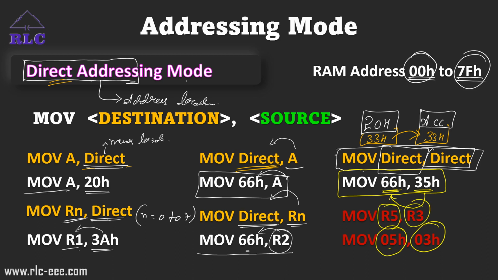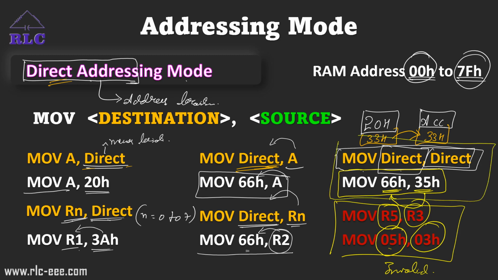This instruction remains invalid. If 05 and 03 are treated as direct addresses, it is possible, as in the above instruction. But when it is a register memory location, it remains invalid.